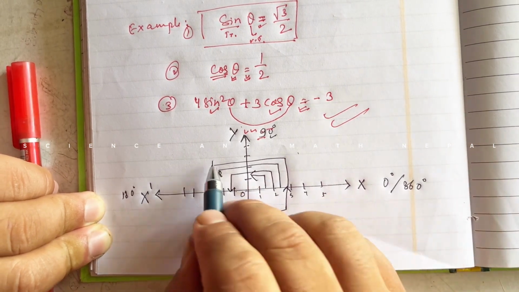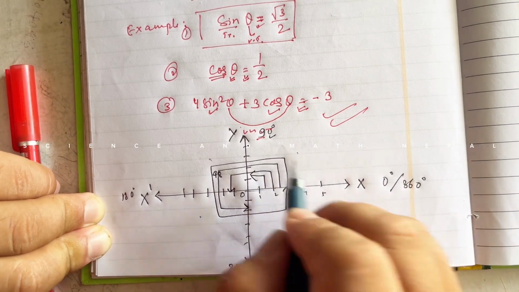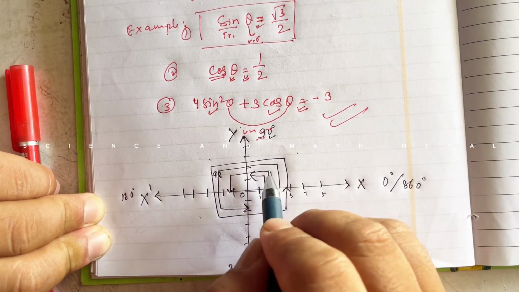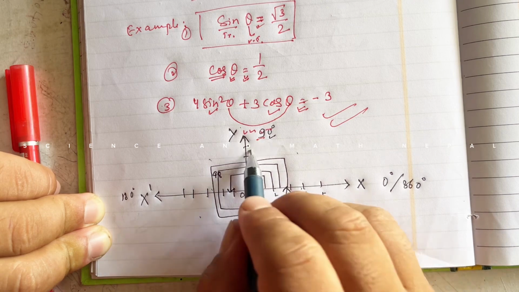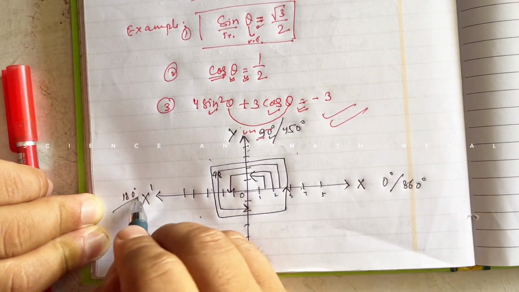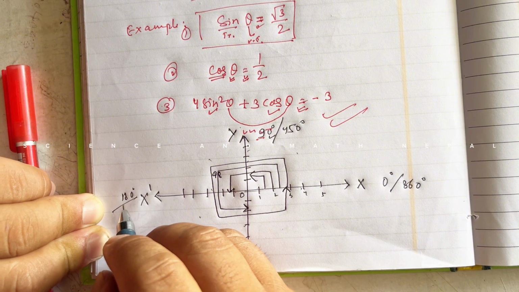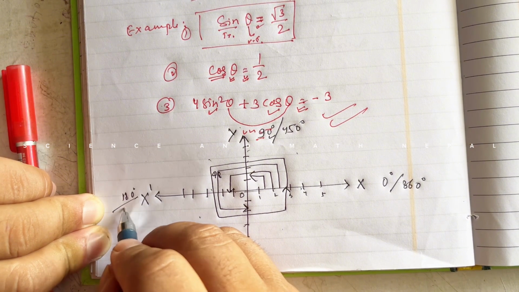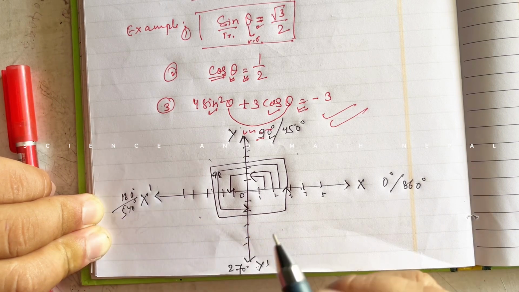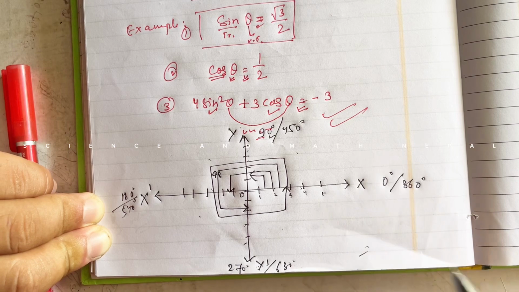So each interval here is 90 degree. Again, if we continue, 90 degree also becomes 450 degree, 180 degree becomes 540 degree, it is 630 degree, and it goes on like this.